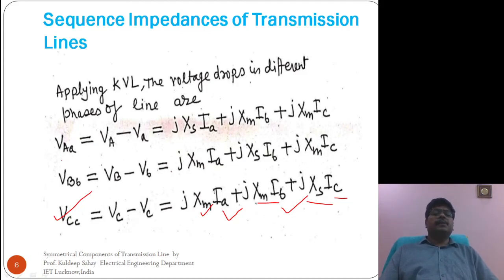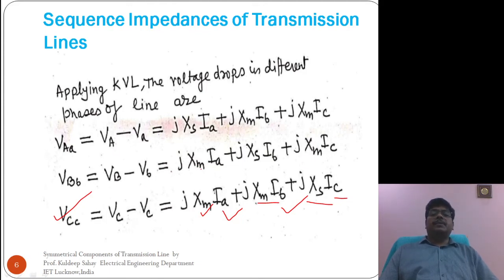So you can write a vector VAA, VBB, VCC, equal to the coefficient matrix times IA, IB, IC. For this, the first row will be jXs, jXm, jXm.